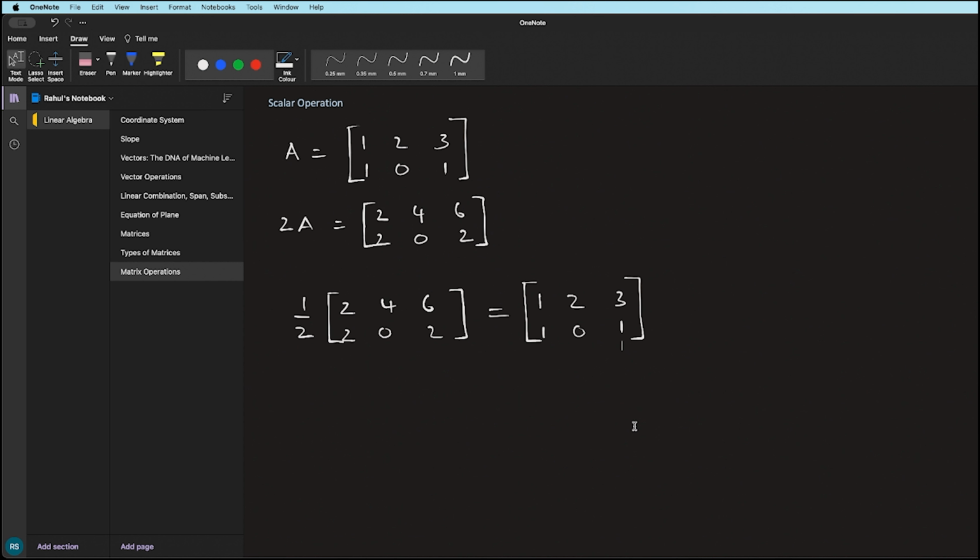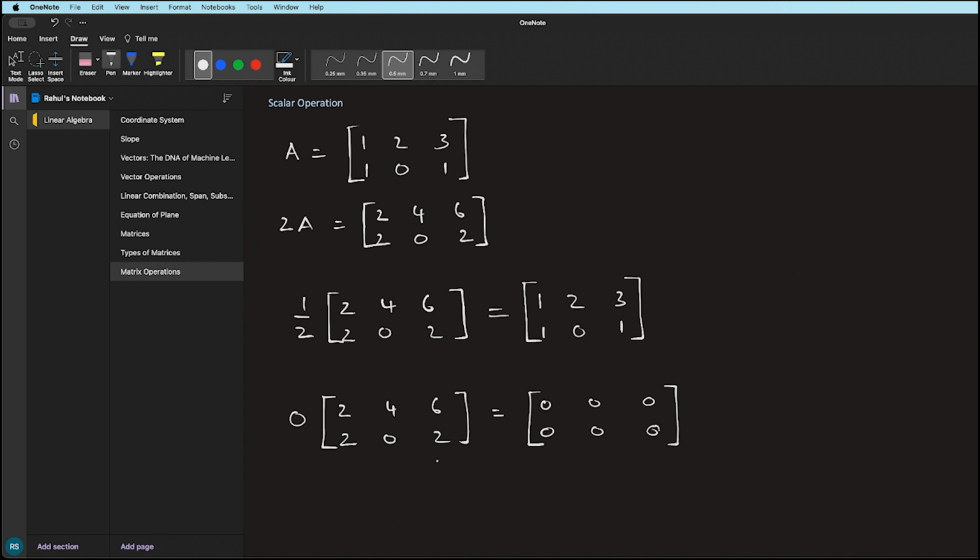And if I multiply the scalar value, this is also the scalar value, that is 1 by 2. If I multiply 0 with the matrix 2, 4, 6, 2, 0, 2, the resulting matrix will be the 0 matrix of the same shape.